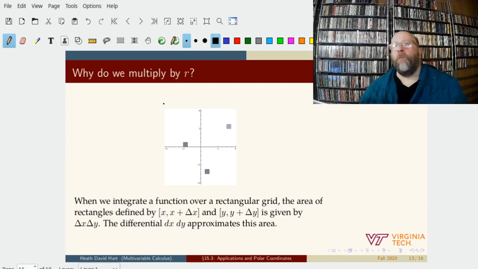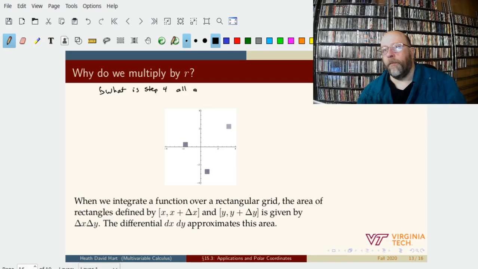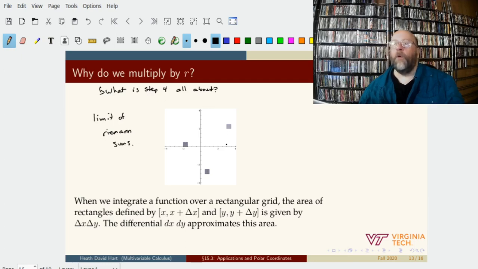Before we get to them, why is it that we have to multiply by r? What is that step all about? It comes from the idea that if we were taking the limit of the Riemann sums, we have some point x comma y, and then we have this delta y and delta x.